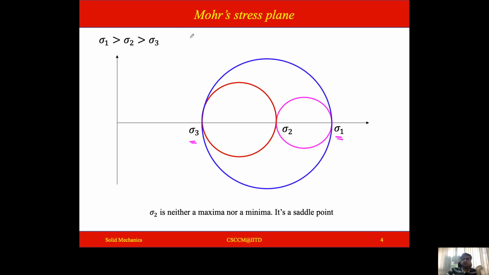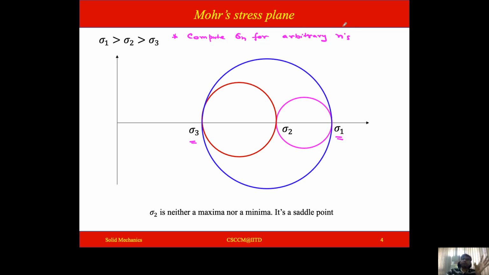Now compute sigma n for arbitrary n's. So compute sigma n and tau n.